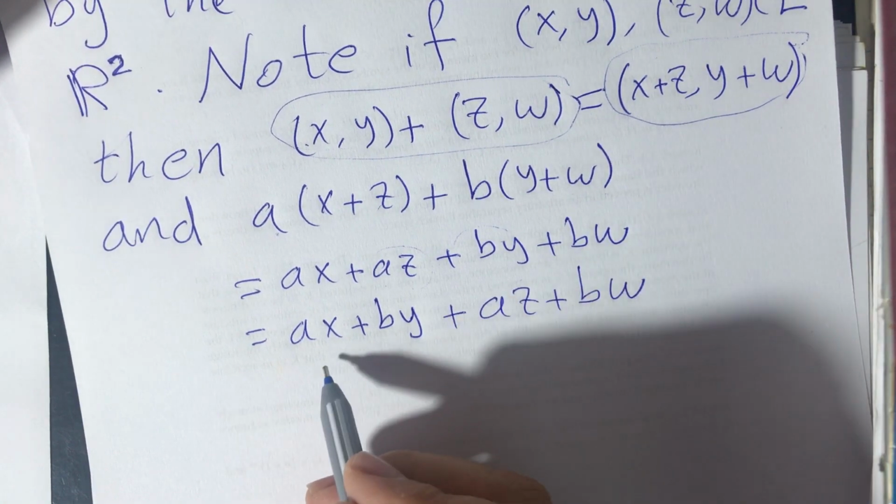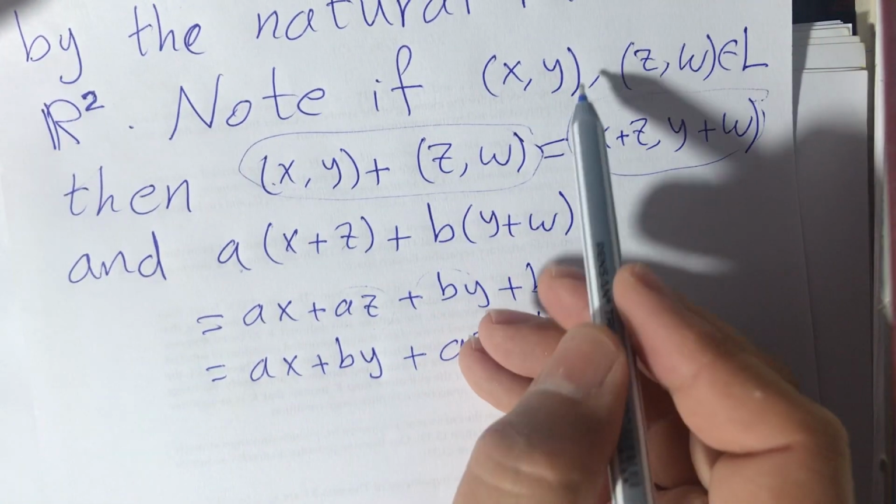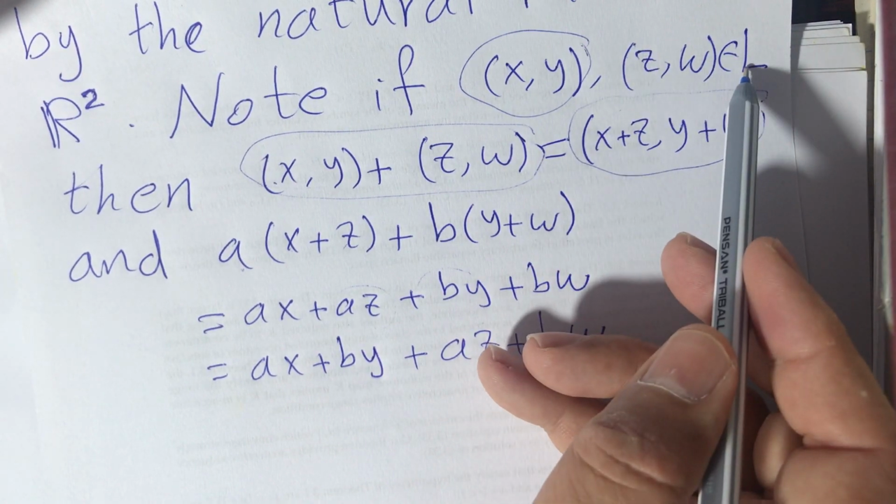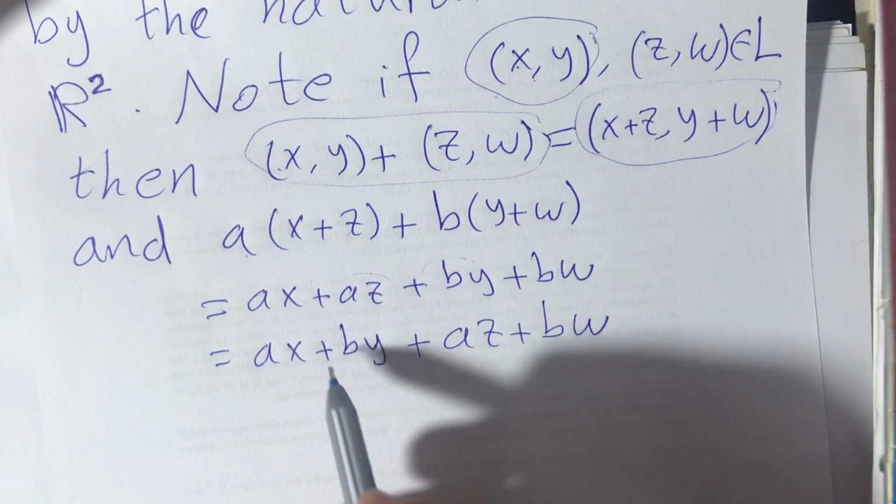And of course (x, y) belongs to L, so AX plus BY is equal to 0.